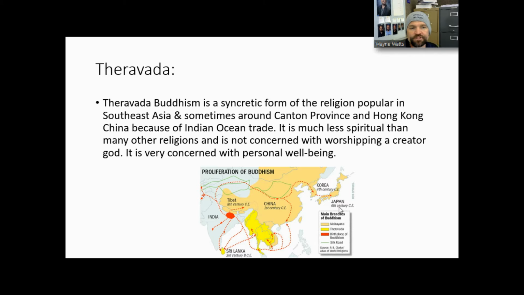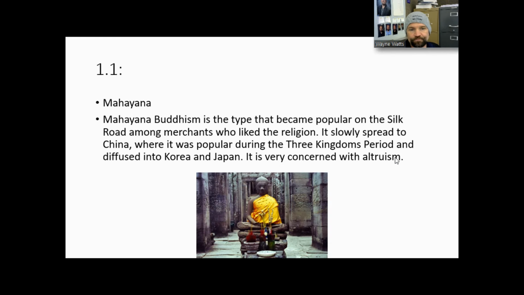Theravada Buddhism is a syncretic form of the religion that is popular in Southeast Asia and sometimes around Canton province or Guangdong and Hong Kong in China because of Indian Ocean trade. It is much less spiritual than a lot of other religions, and it is not concerned with worshiping a creator god. It's instead very concerned with personal well-being.